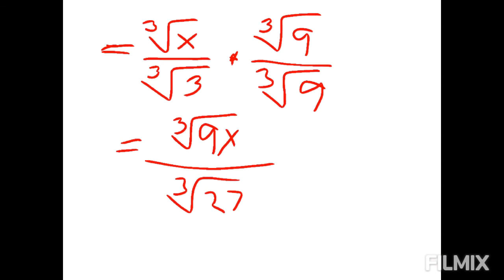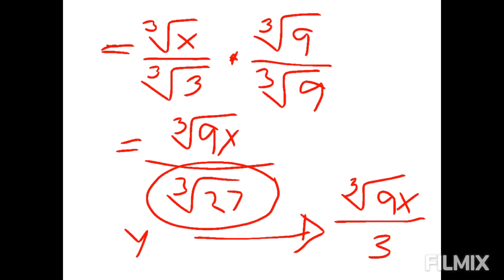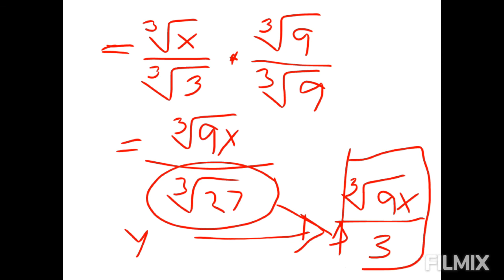That's why the value of y is equal to the cube root of 9x all over 3, because the cube root of 27 is 3 here. That's how we get the value of y in terms of x.